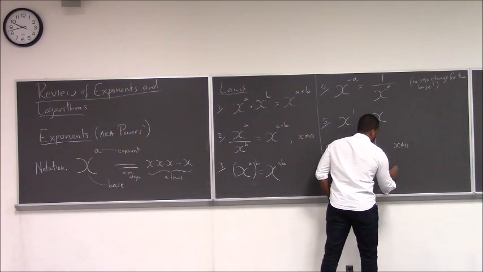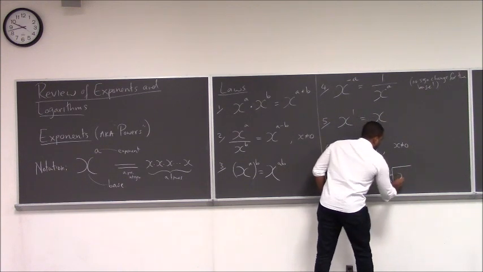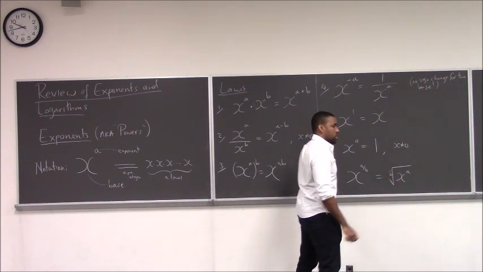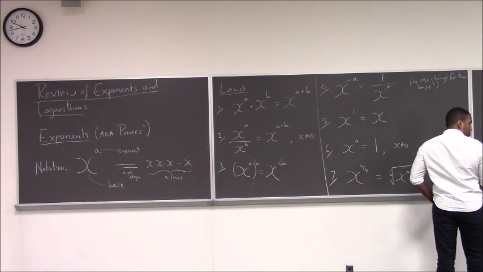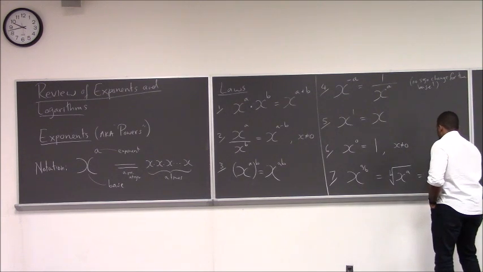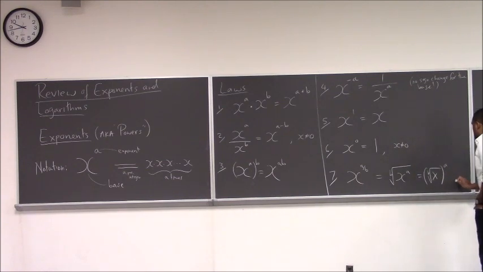So this is the b root of x to the a, which is equal to the b root of x raised to the a, and it's interchangeable once x is positive.